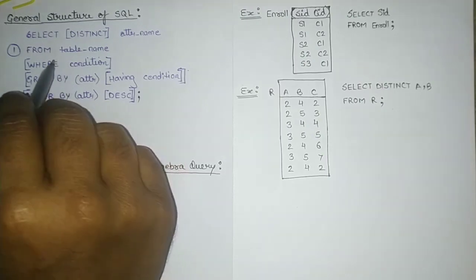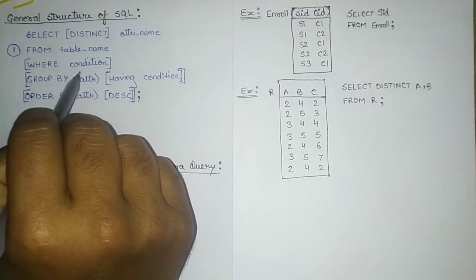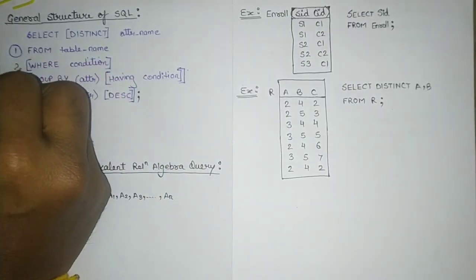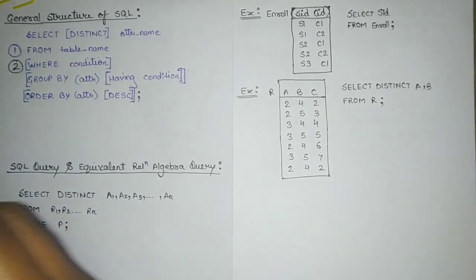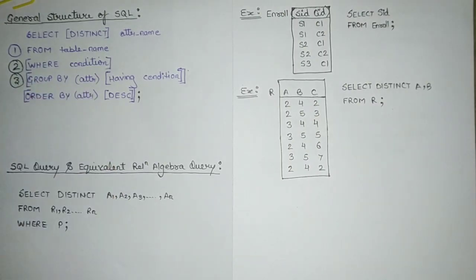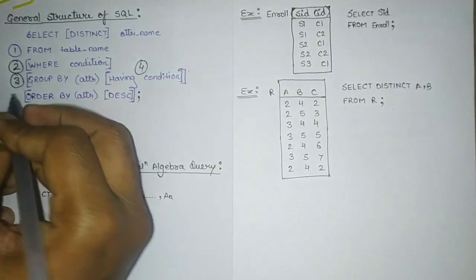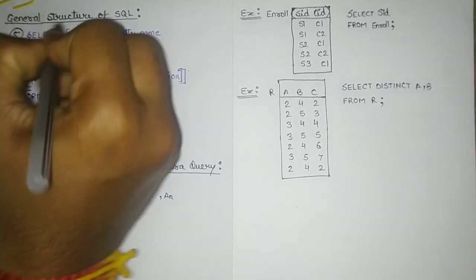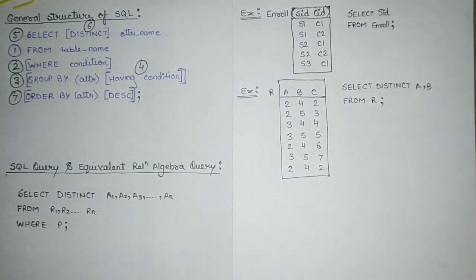Like in relational algebra, first we perform the join operation or the cross product, and after that we go with the specific condition. So after getting the table, we check for the condition. If that condition is satisfied, then we see whether we have to group by some attribute or not. Then we check for the having condition. Later we move on to the select. Then we check for the distinct. Then we order them accordingly. So this is the sequence.